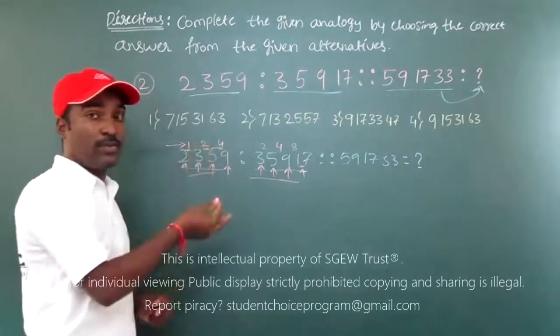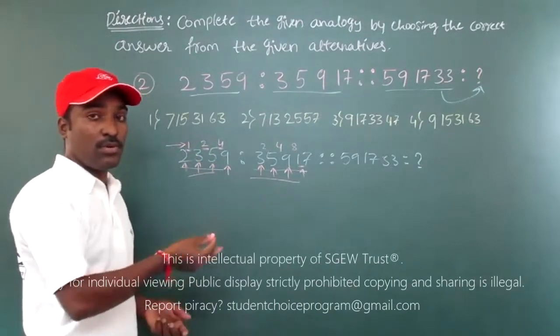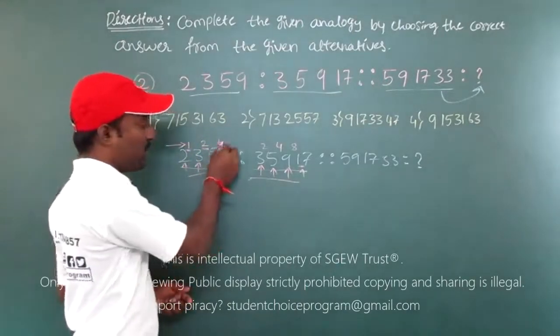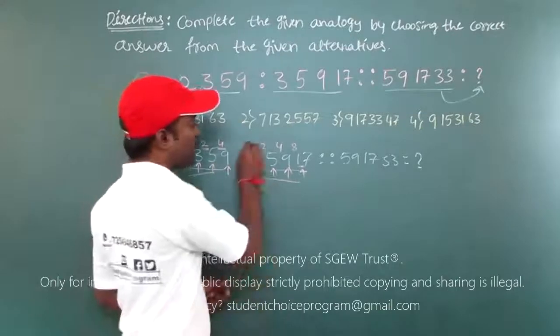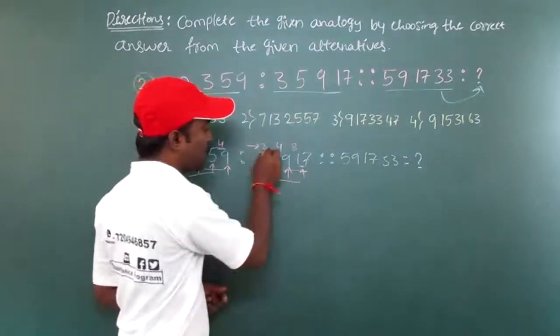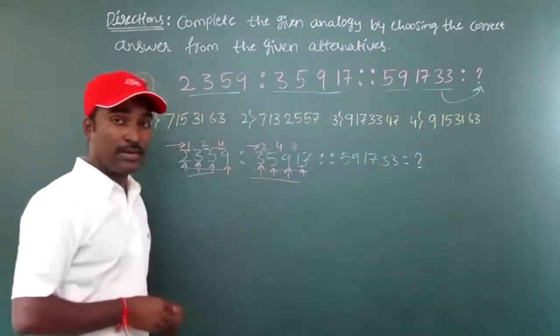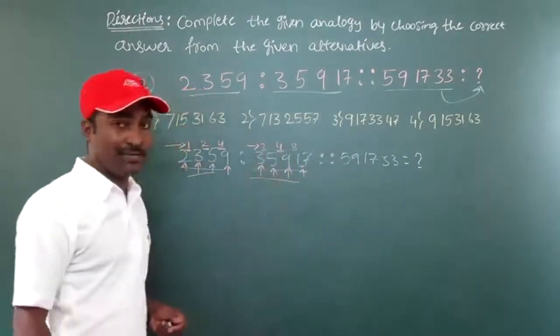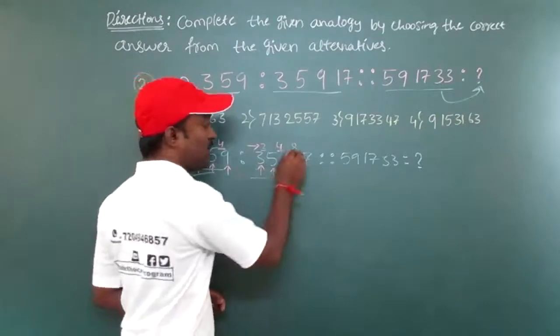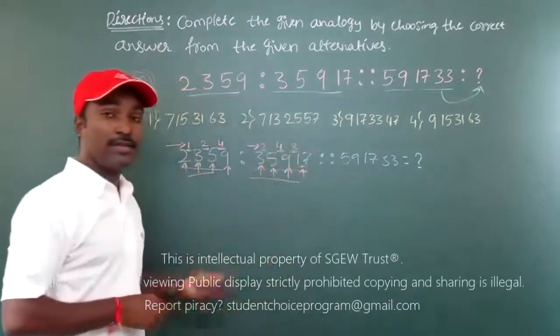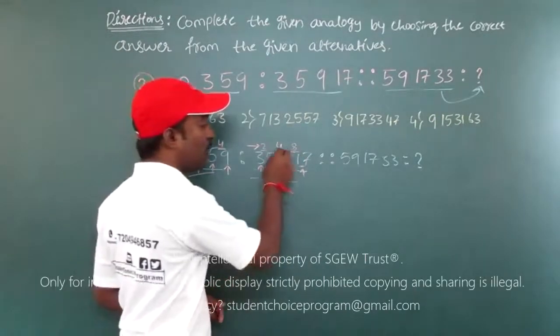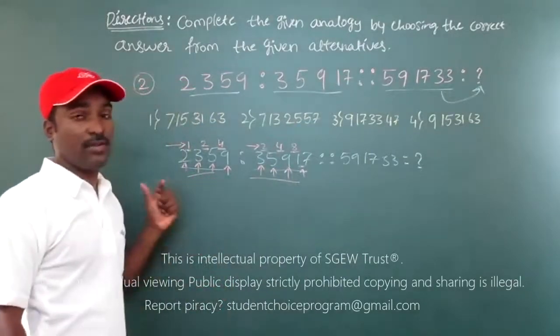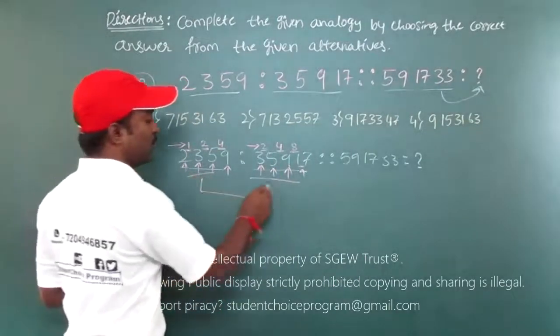And even here, the first difference is 2. If you double it, it becomes 4, which is the second difference. Now the third difference is 8, which is double of 4. So this is the analogy between the first two numbers.